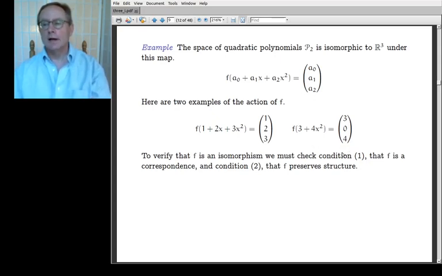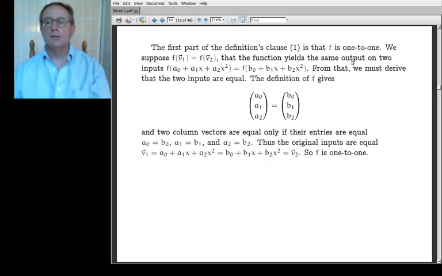Okay, so I have to check the 4 things from the previous slide. I have to check condition 1 and condition 2. So to check that f is one-to-one, I will start off supposing that f of v1 equals f of v2, and I'll end up concluding that therefore v1 equals v2.